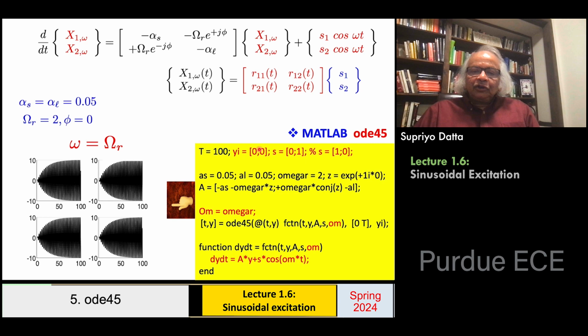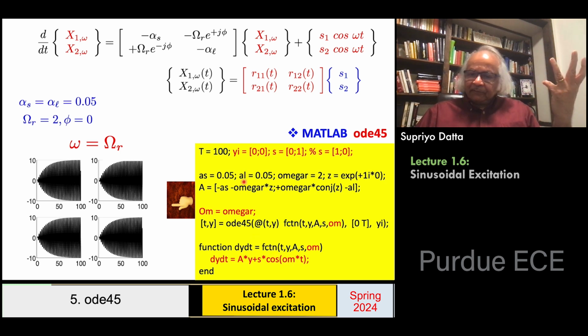Of course, you could solve it numerically. I have shown the solution for a particular choice of parameters. The code is very similar, except that now the source term is set to be a cosine omega t, as opposed to that impulse function that we were using before.